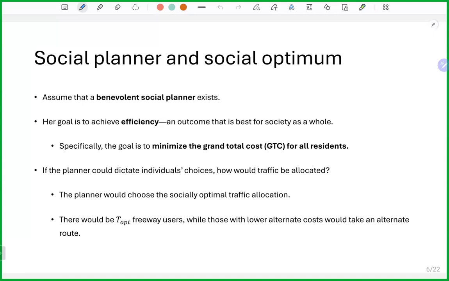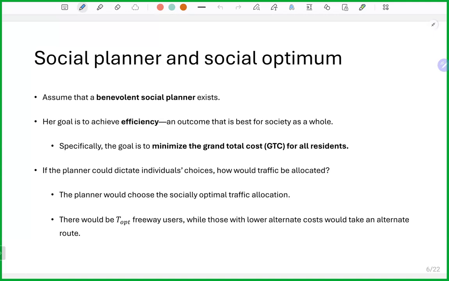Then what he would do is dictate individual choices. Because you have the highest alternate cost, it is good for you to use the freeway, because for you the freeway is cheaper. For you, the alternate cost is cheaper, so you choose the alternate route, because you have the lowest alternate cost.